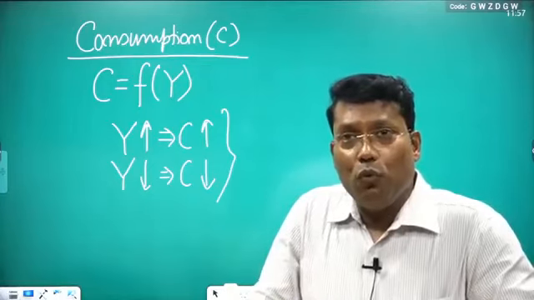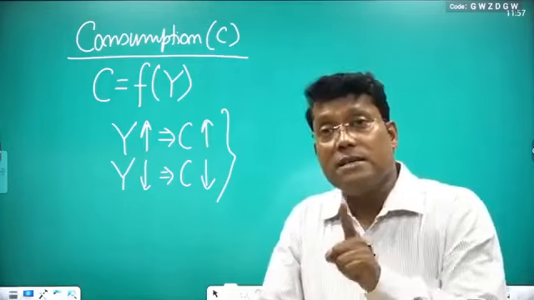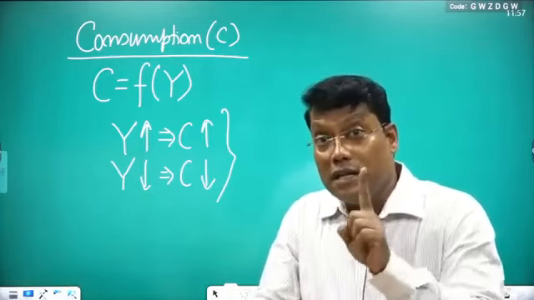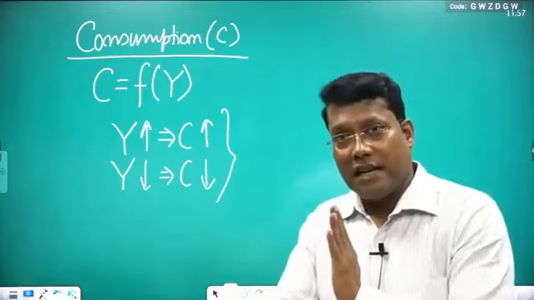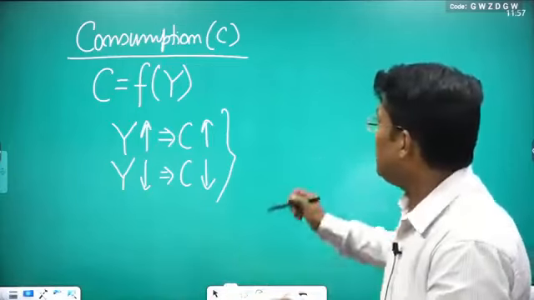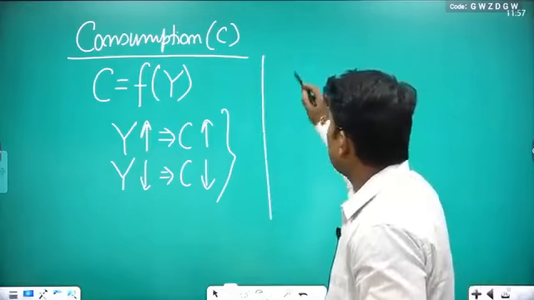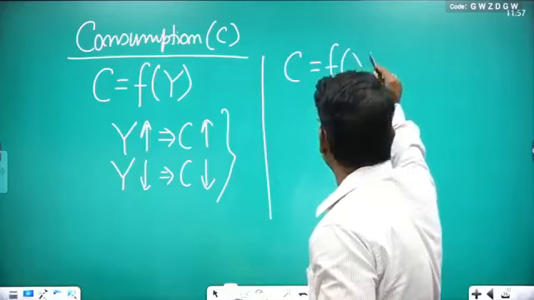But if you go one step further, consumption is basically depending on disposable income. This is fine, but if you want to refine it more, you can write it this way also: consumption is a function of YD.